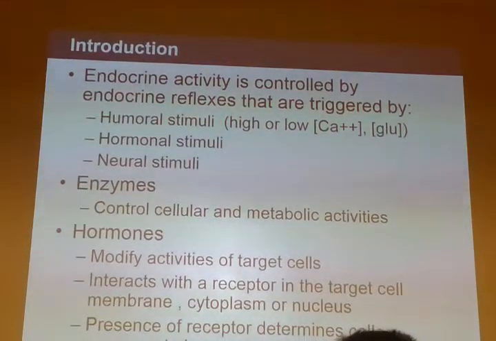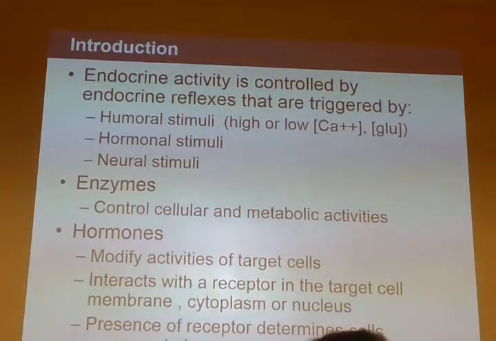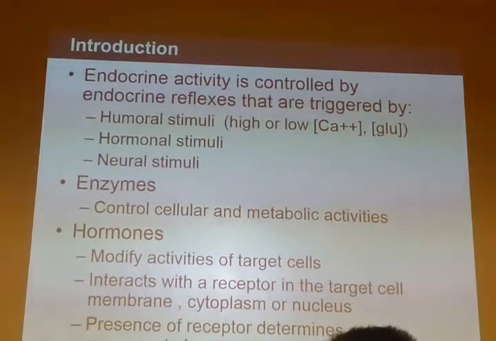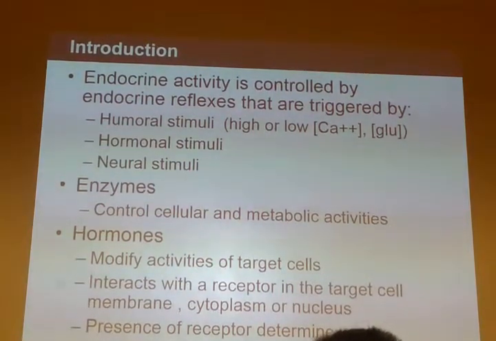A steroid hormone that comes into the cell will then have effect on the genome, turning on the genome, transcribing mRNA, and then translating it, and then creating some response in the cell. Slow process. So the hormone gets in fast, but its activation of the cell is very slow.